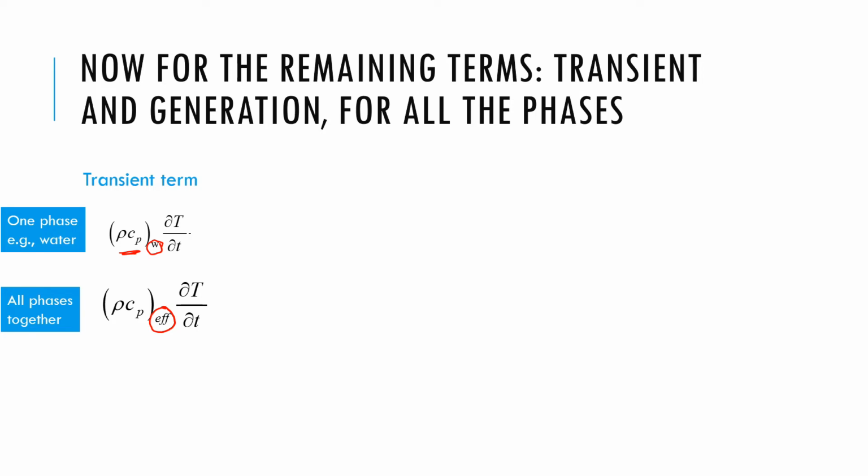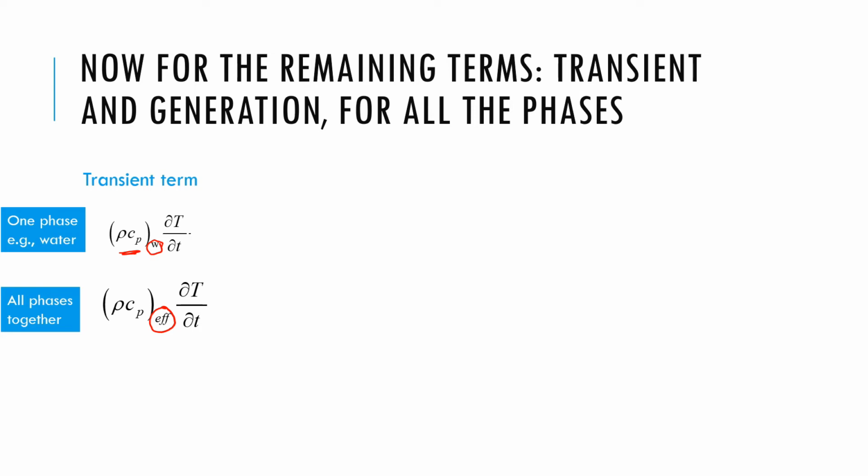So how do we get this rho Cp effective? Notice that rho Cp, what is the unit? Kg per meter cube multiplied by joules per kilogram per degrees Kelvin. So this is joules per meter cube. So this rho Cp is volumetric capacity and it's in joules per meter cube.